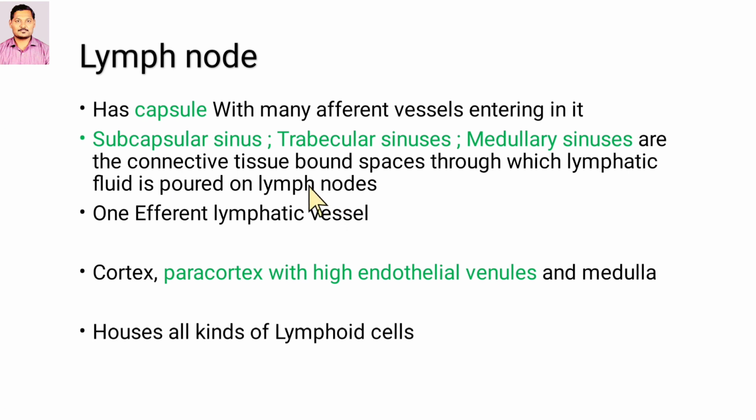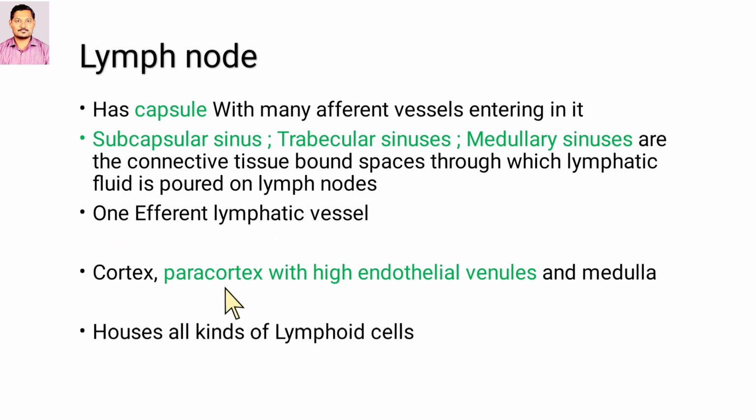Because lymph nodes have afferent vessels coming into them, the lymph is filtered and taken care of. One efferent lymphatic vessel is always present, which takes out the filtered lymphatic fluid.